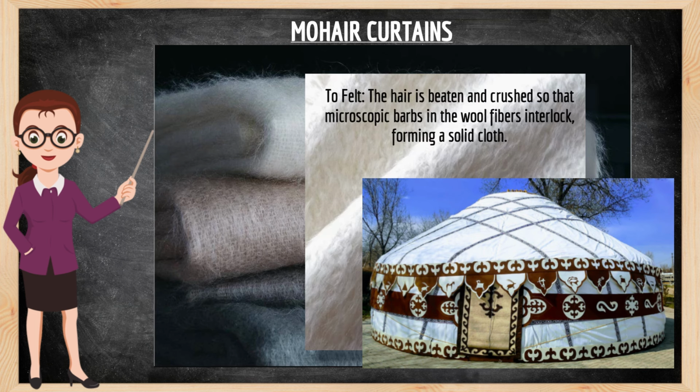So to felt this fabric, the hair is beaten and crushed so that microscopic barbs in the wool fibers interlock, forming a solid cloth. Now, whether the mohair was felted or not, we cannot determine from Scripture alone. But given the nature of tent making at the time of the Israelites, it is likely that it was.